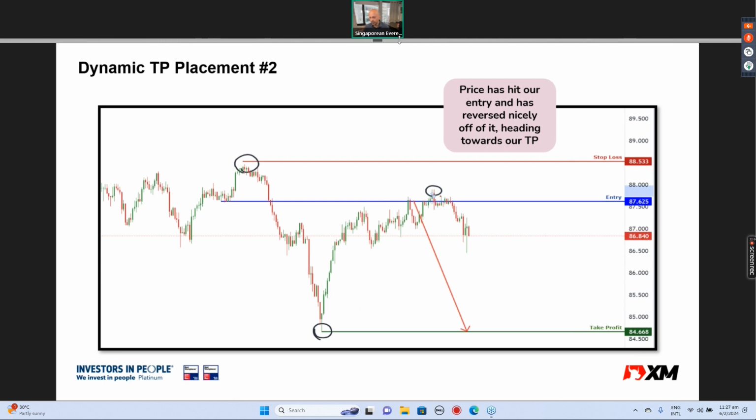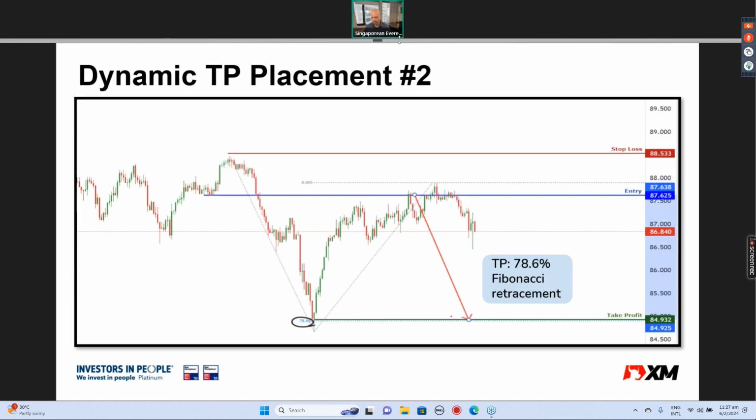So here, right, we can see price has triggered the short entry and is dropping lower. But because our TP is fixed at the swing low here, let's see what happens. Right, so then once price has made this high, we did this Fibonacci retracement from 0.1 to 0.2.